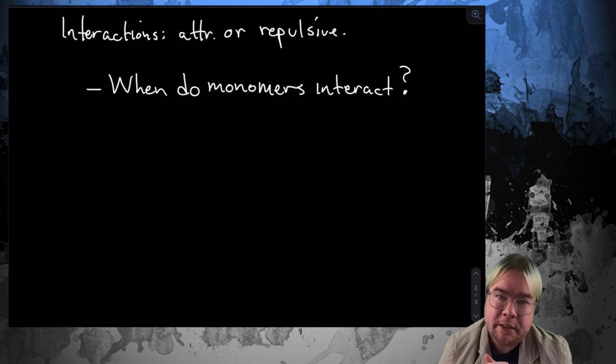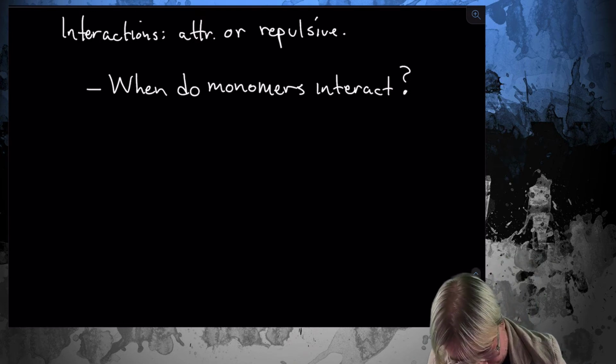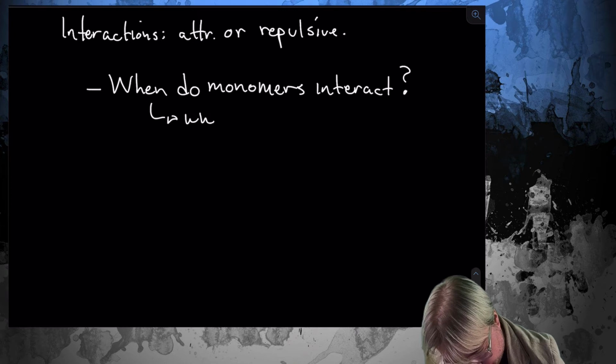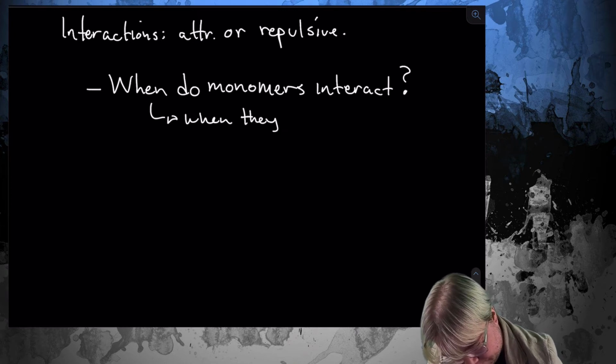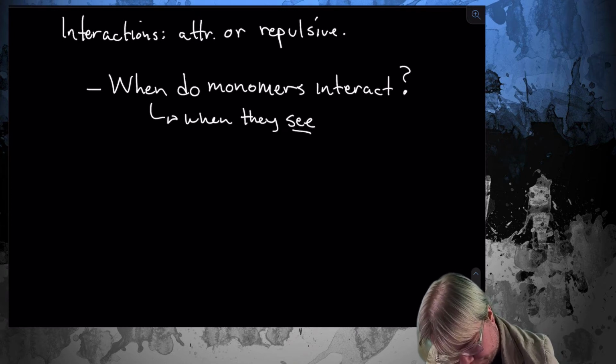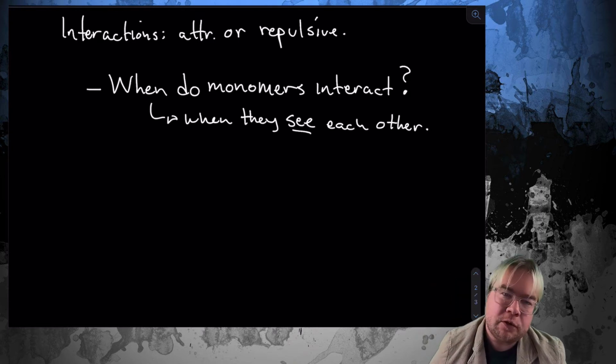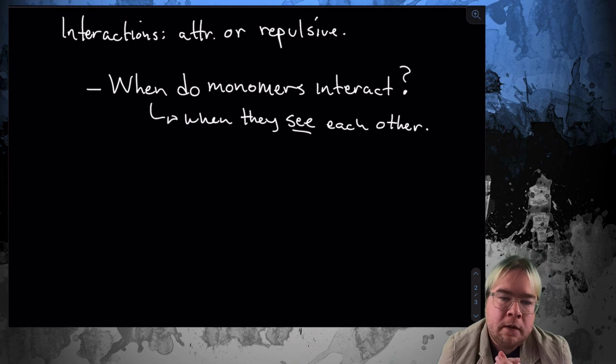How about when they see each other? So monomers will interact when they see each other. In other words, when they're in close contact with each other. Okay, I'm okay with that definition.